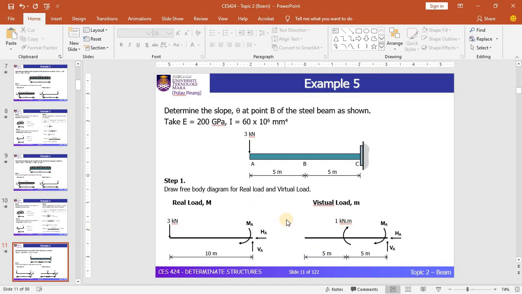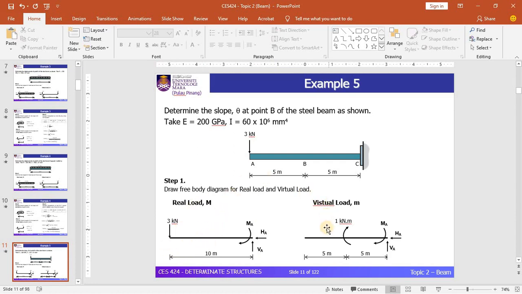Okay, and you need to decide how to consider the x. Based on this solution, basically the x is measured from A. And how many cut sections? If you look at this real diagram, they have one cut section.